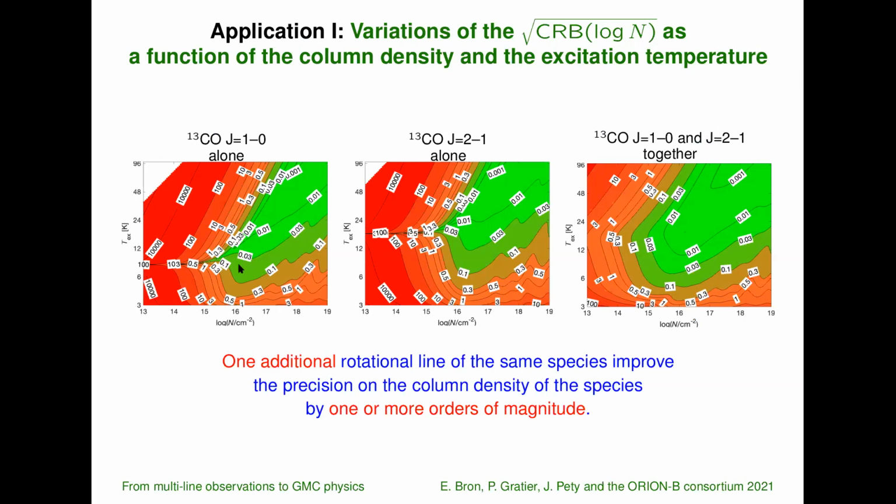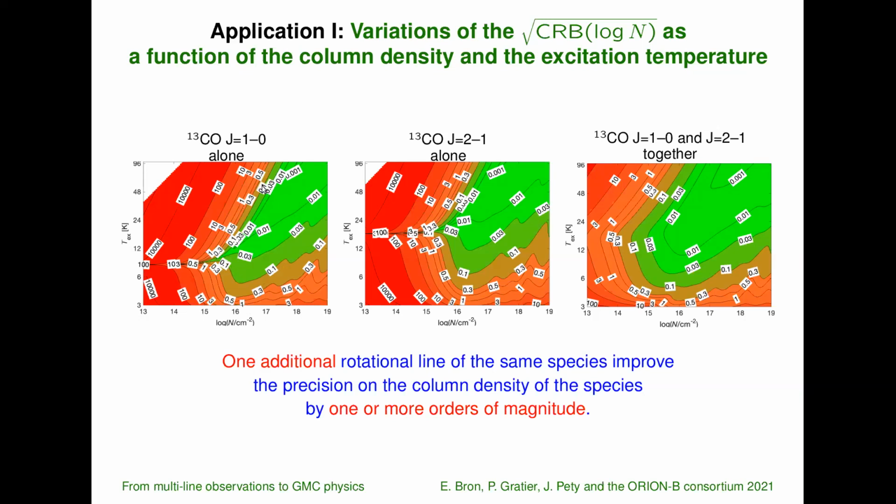A value of 0.1 means that you have 10% precision on the column density. A value of 0.3 means that you will get a precision of a factor of 2, and a value of 1 means a precision of a factor of 10. Of course, we want a precision that is better than a factor of 2, at least.